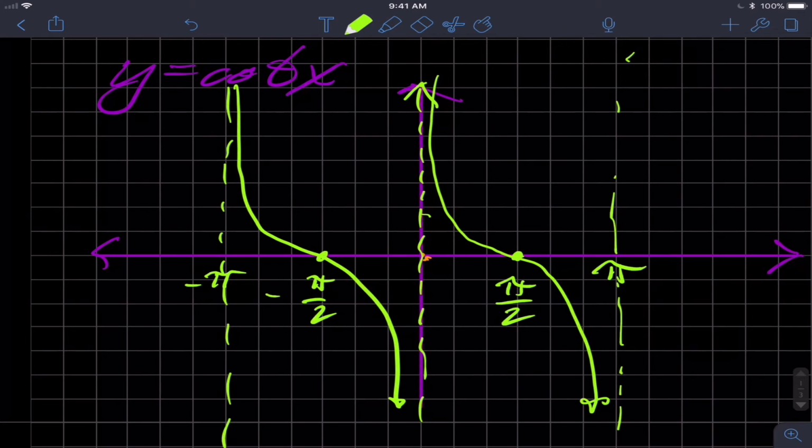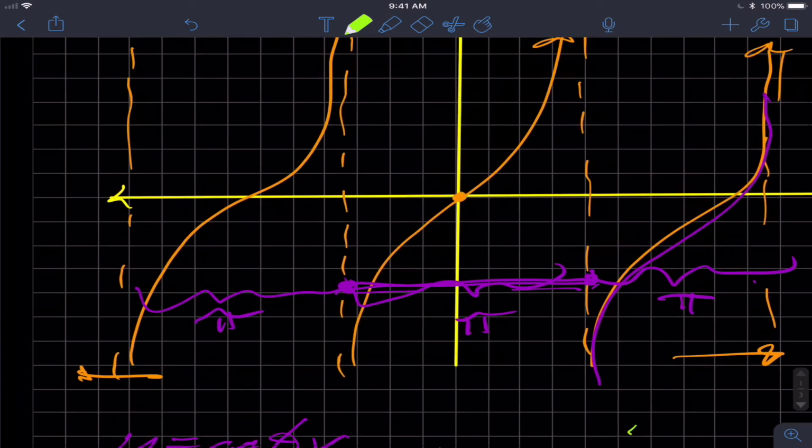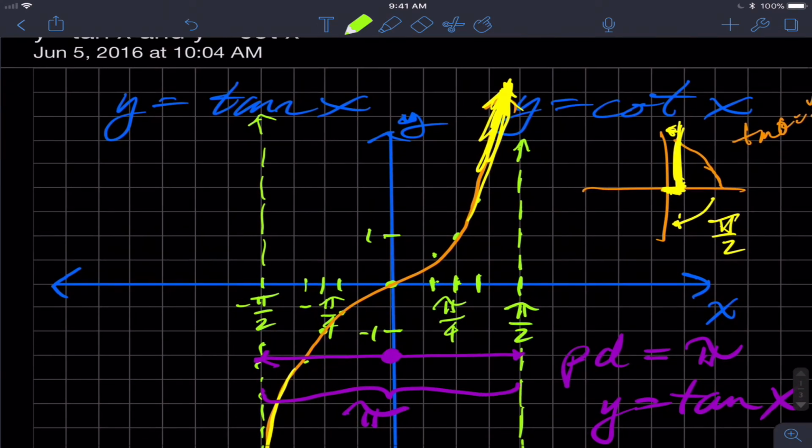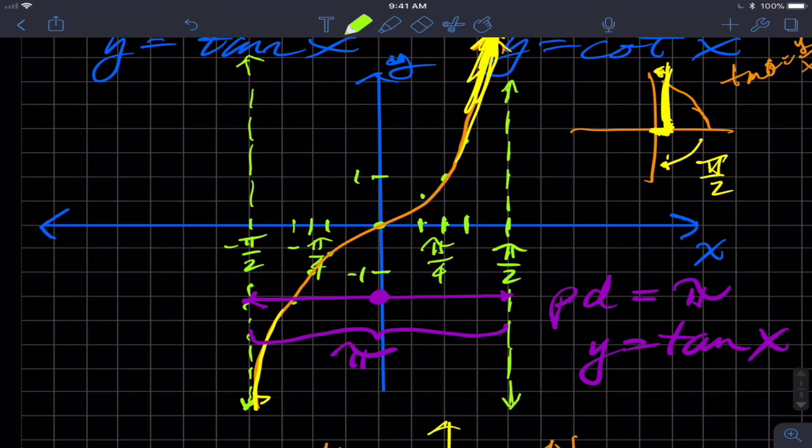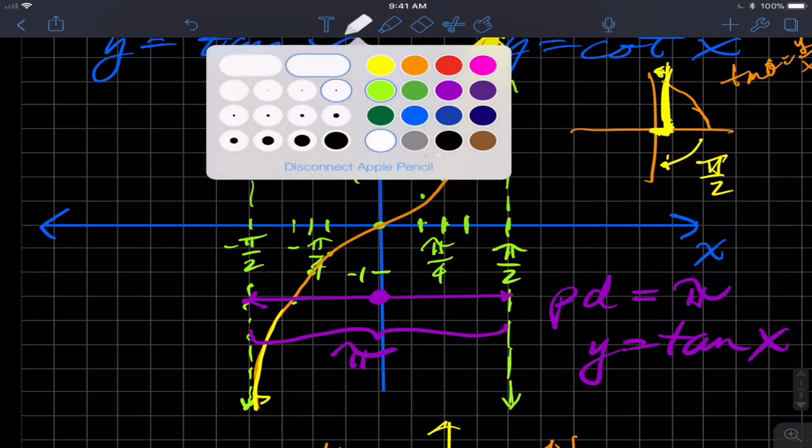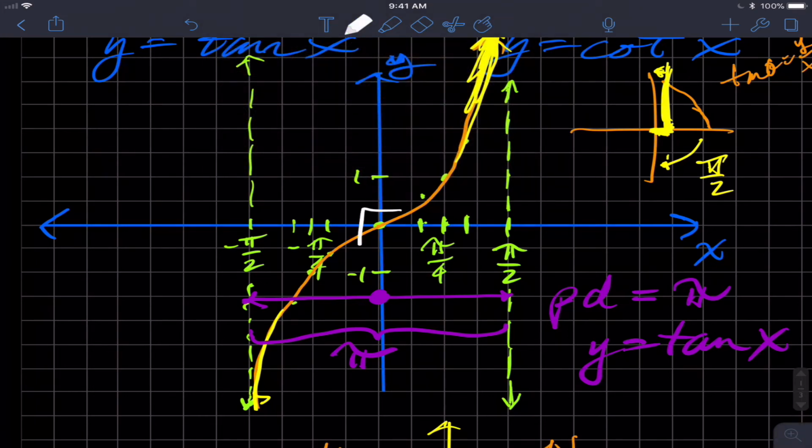Now I want to point out what I would call anchor points, how you can figure out what is what with these two functions. The anchor points are these guys. Let's use white. The anchor point is this for tangent. That's 1, and the other one happens at pi over 4, comma 1. It's this point.